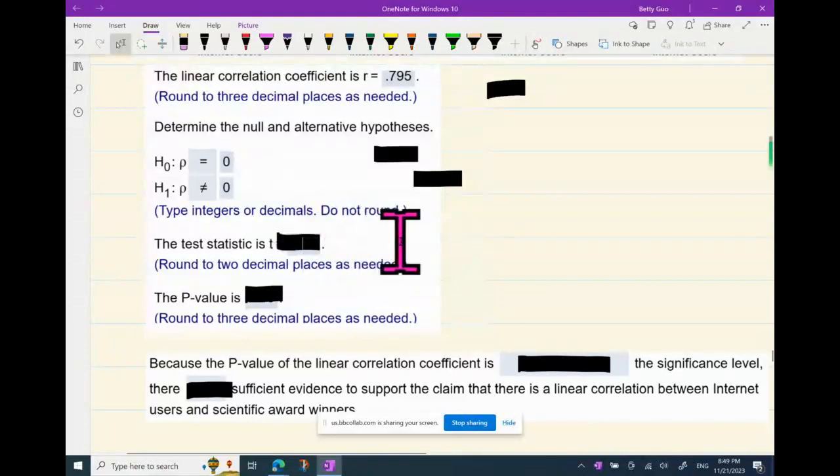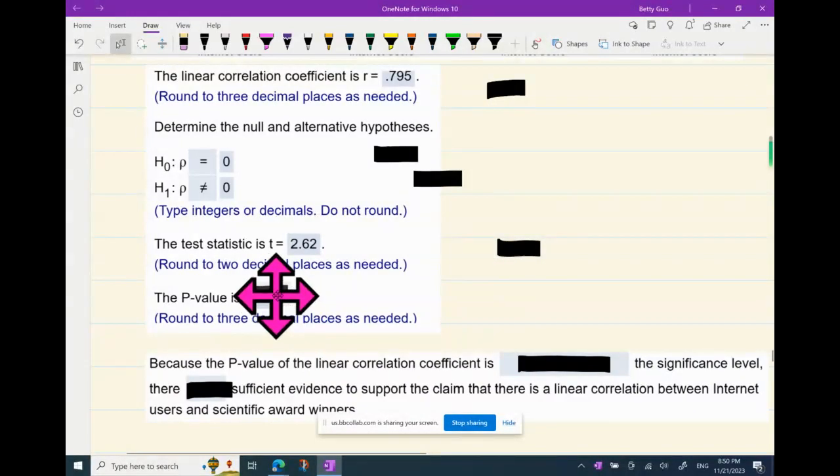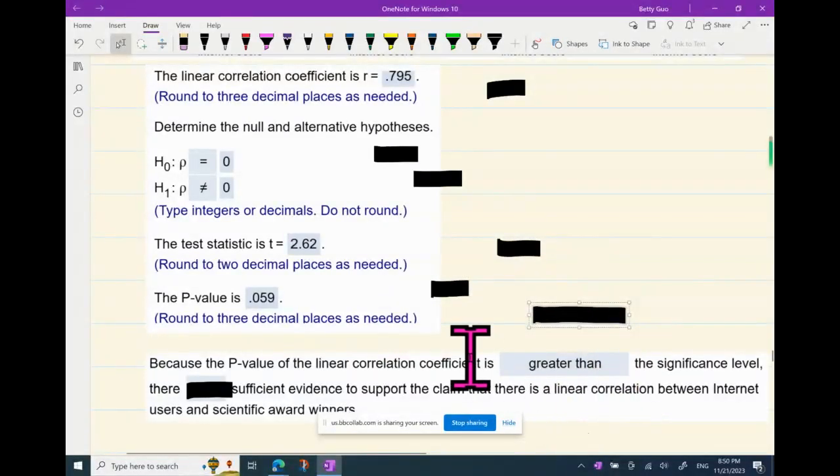My p-value is 0.05899239959. Rounded to three decimal places, it is 0.059. Okay, yeah. Since the p-value is high, fail to reject. There is not sufficient evidence to support the claim.